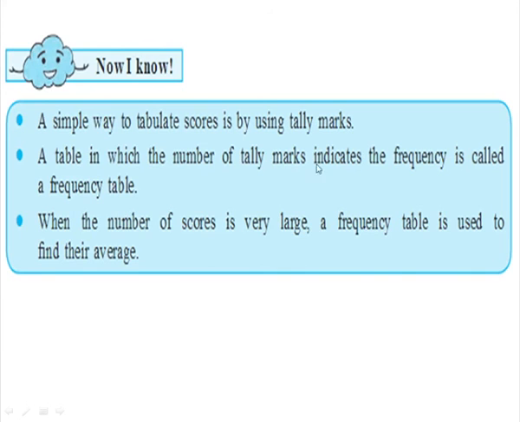As we are finding the frequency for the given score in the table, this table is called a frequency table. When the number of scores is very large, a frequency table is used to find their average. Children, this you are going to learn next year. A small example of the same is given on the same page, page number 98, but that you are going to learn next year.